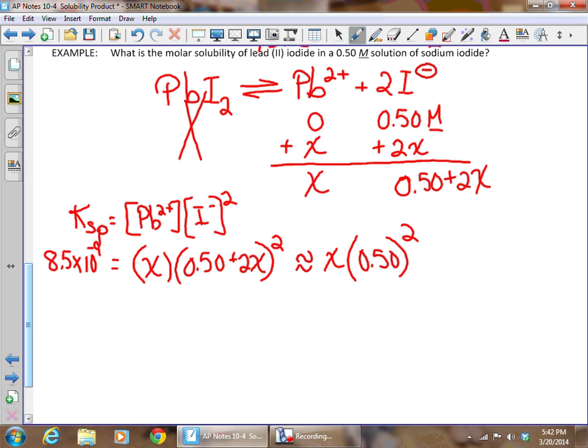When we solve for X, X becomes 3.4 times 10 to the minus 8 molar.